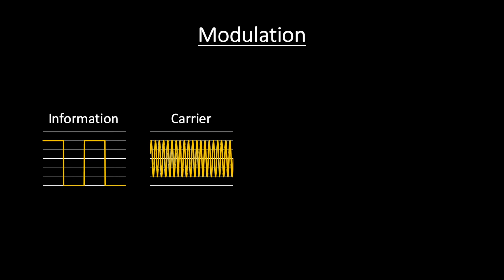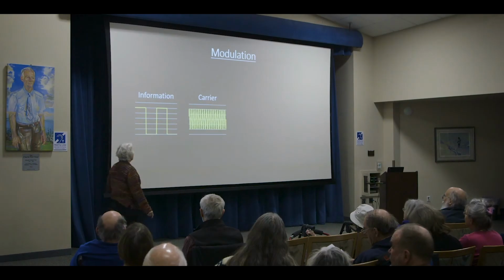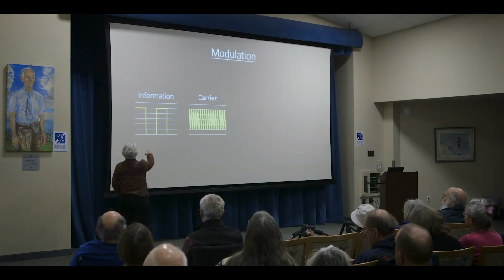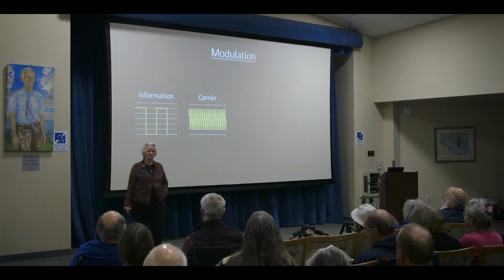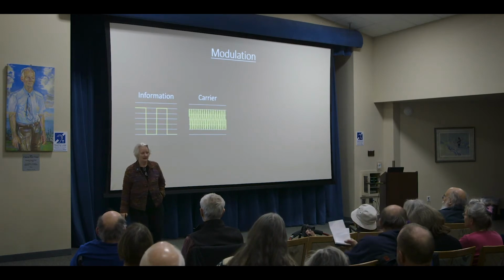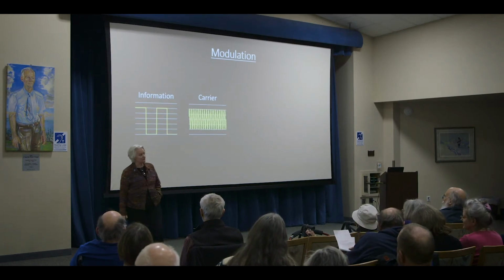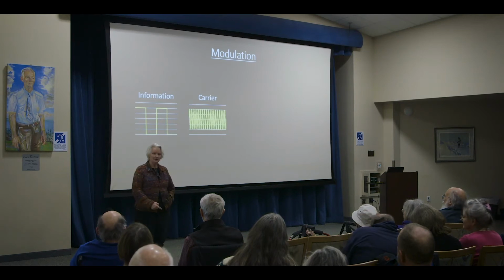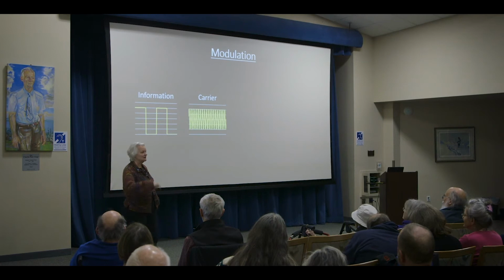That's called modulation. So here I have my information bits, 1010, and I have what I call my carrier, which is going to carry my information to the satellite. And that's at a frequency above 30 megahertz, all right?